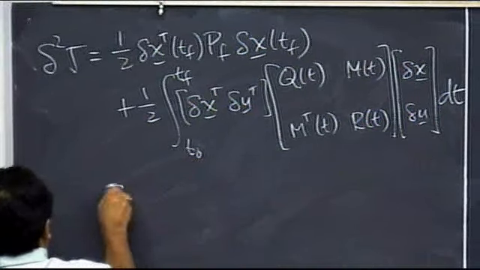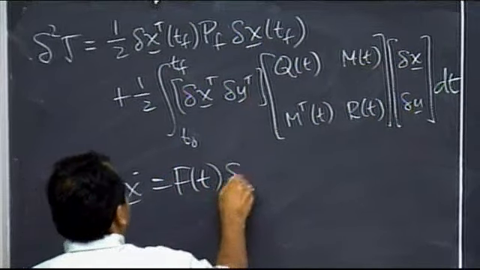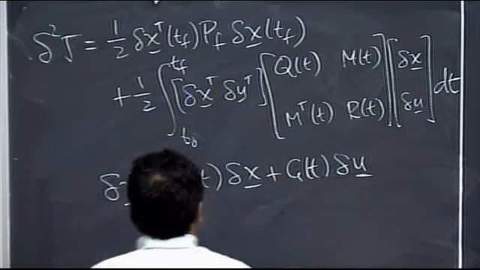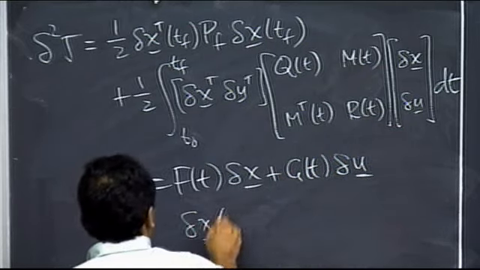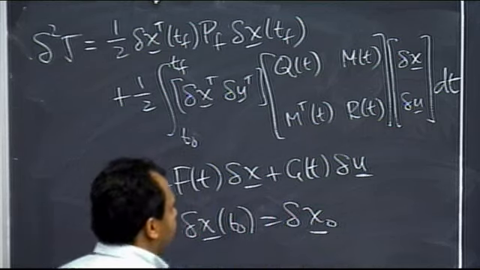And the dynamics are, again, delta x dot is equal to F of t delta x plus G of t delta u, and the initial condition delta x at t0 is equal to delta x0.